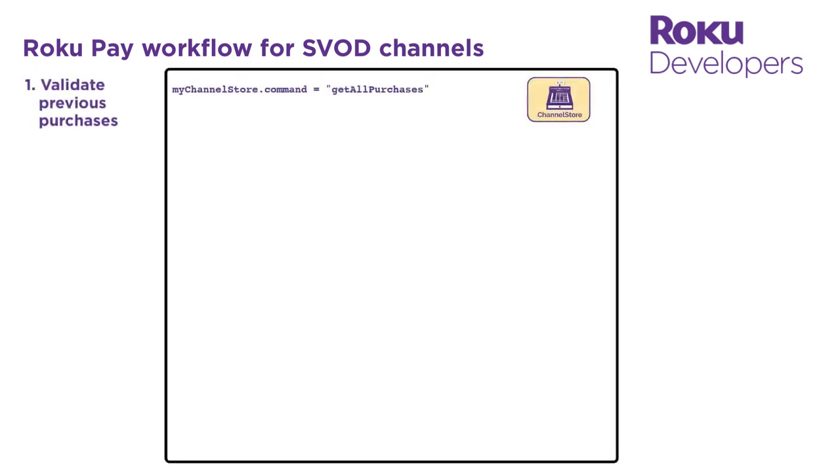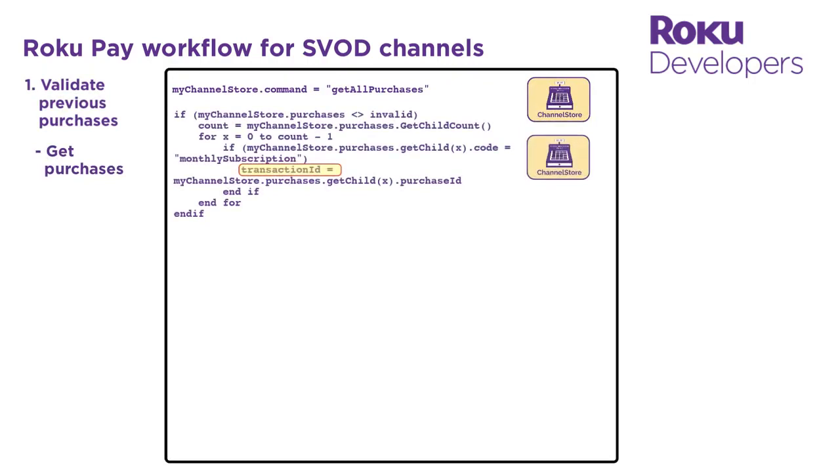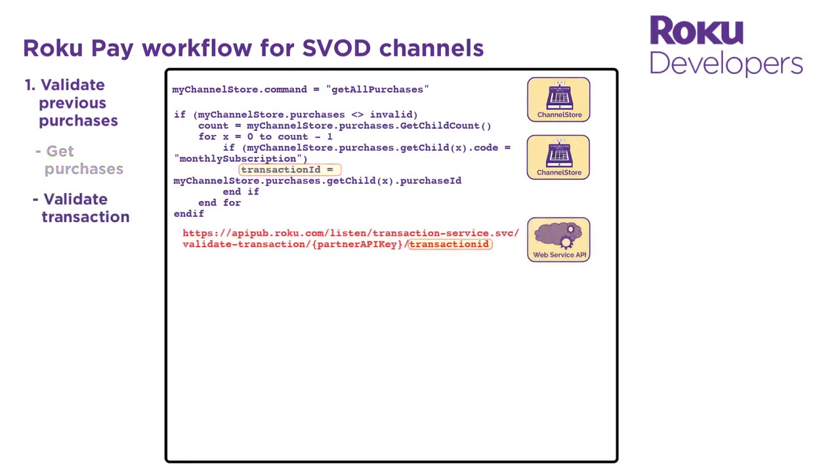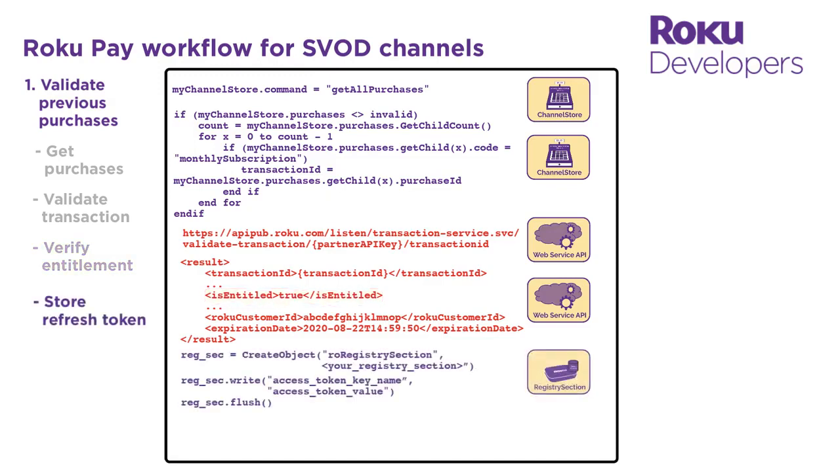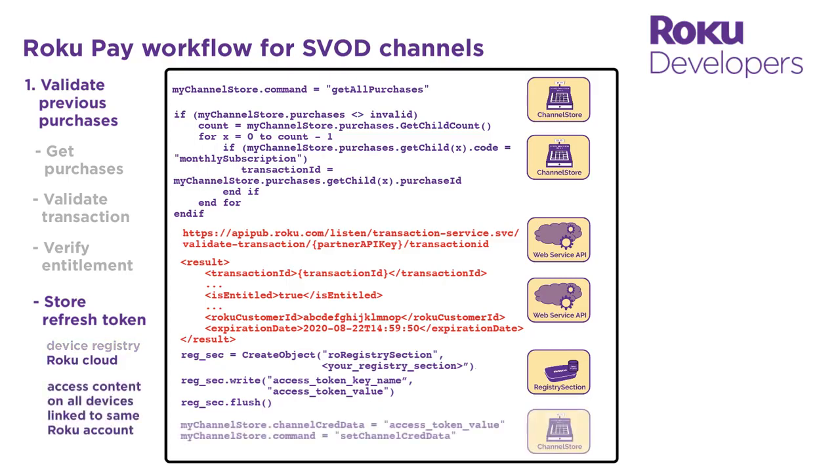For production channels, this involves getting the transaction ID returned from a Get Purchases channel store API call, passing it into the Validate Transaction Roku Web Service API call, and verifying that the isEntitled flag is set to true. If the isEntitled flag is set to true, a refresh token is stored in the device registry and in the Roku cloud. Storing an access token in the cloud enables customers to access the content in an SVOD channel on a different Roku device that is linked to their same Roku account.